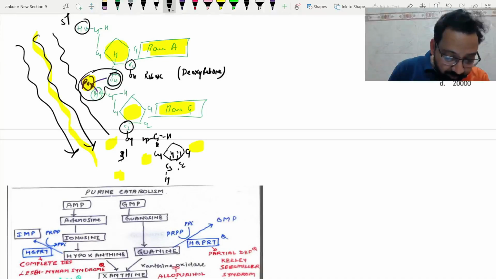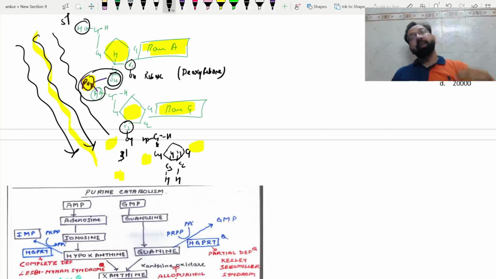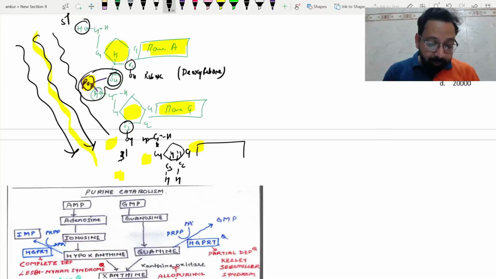At C2 and C3, only H is there, meaning no OH group at C2 and no OH group at C3. And you know, with no OH at 2 and 3, it is dideoxyribose sugar, and this is the base, suppose C. So this is base, sugar, phosphate.